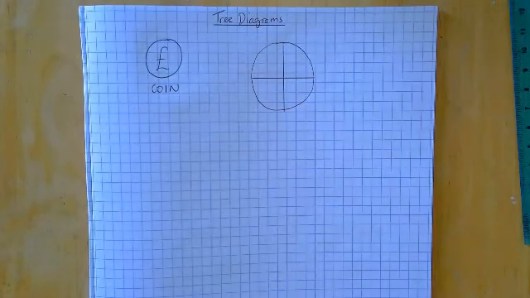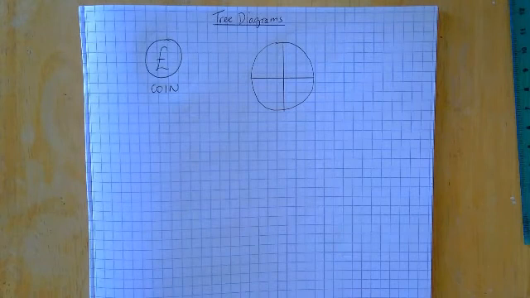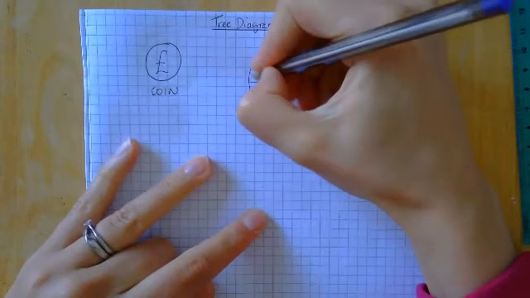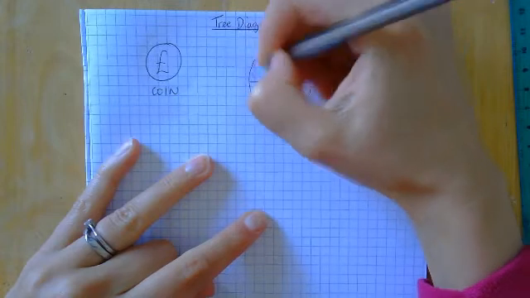Now whether you want to actually use colour at this point, or whether you want to just write the colour in, it doesn't matter. Let's see if I've got enough colours to try and colour. So I'm going to have a purple section. You could just write purple. Oh, my purple pen's not going to work.